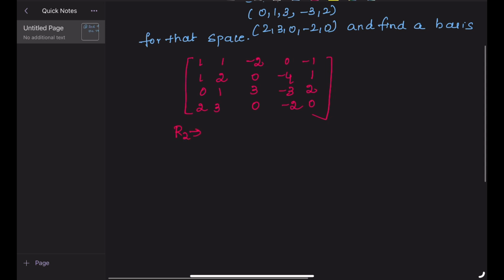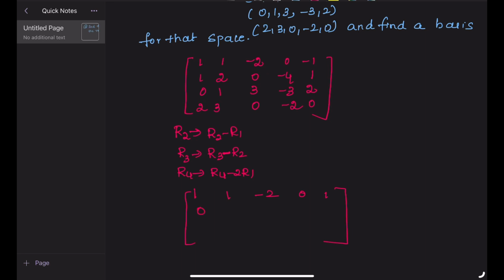Row 2 changes to row 2 minus row 1, then row 3 changes to row 3 minus row 2, then row 4 changes to row 4 minus 2 times row 1. If it is confusing, take one row at a time. I'm taking three rows at a time.